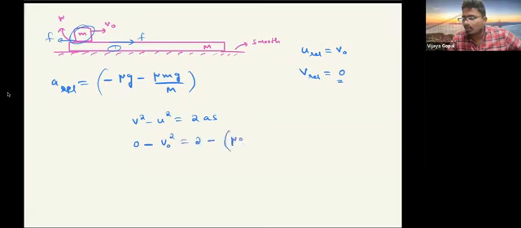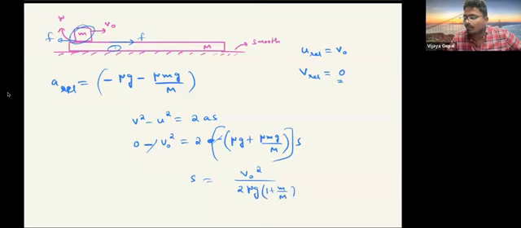Minus of mu G plus mu mg by capital M into displacement S. So minus will get cancelled. So S equal to V naught square by 2 mu G of 1 plus small m by capital M. Is it clear?